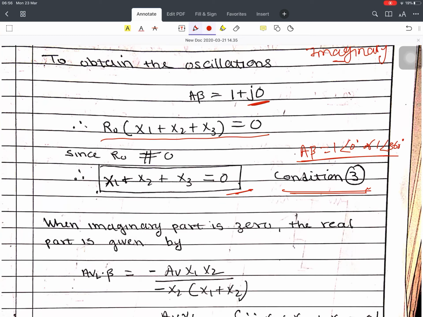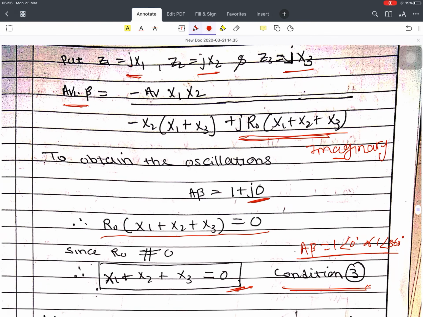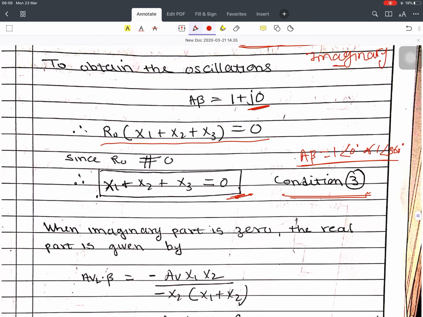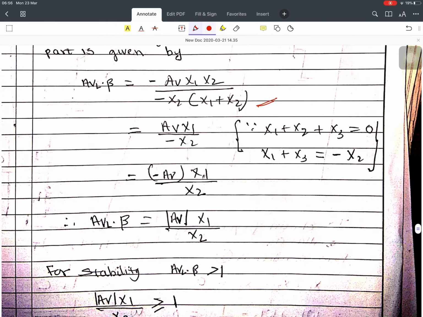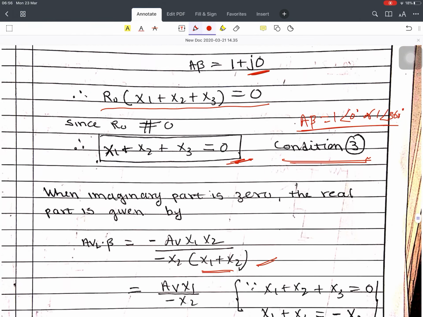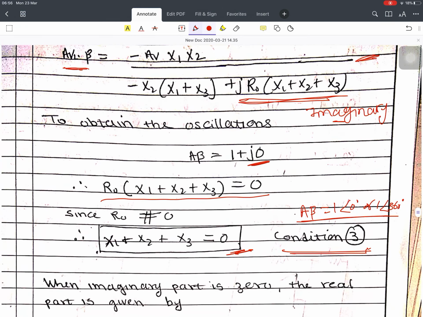When the imaginary part in this equation is 0, the real part is given by this. This is your real part. When I solve this, putting the values of x1 plus x2 and x1 plus x3, this is x1 plus x3.